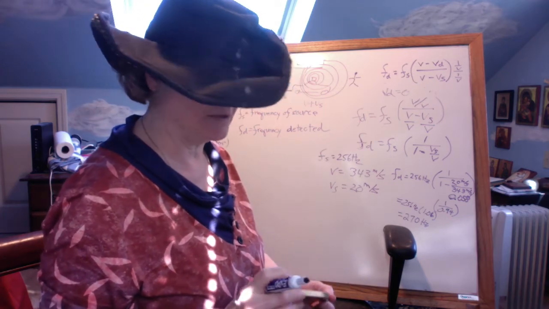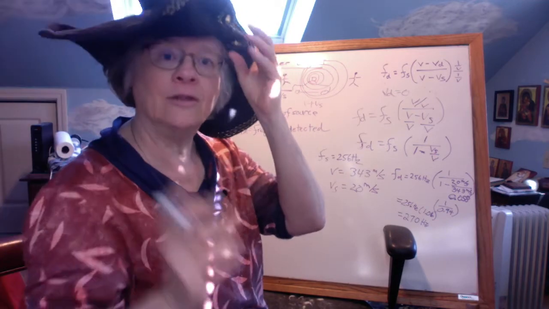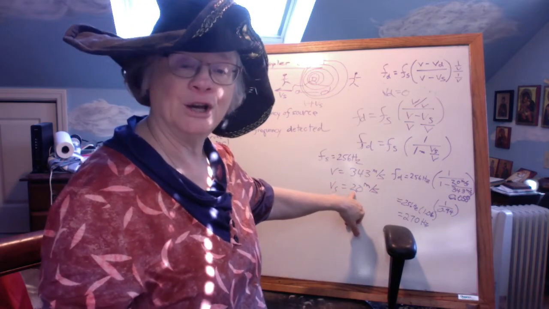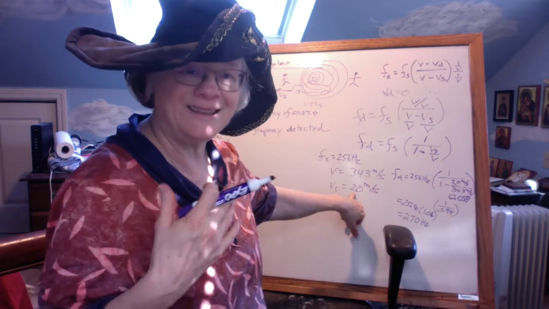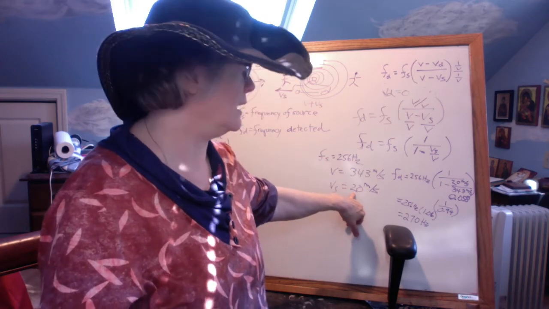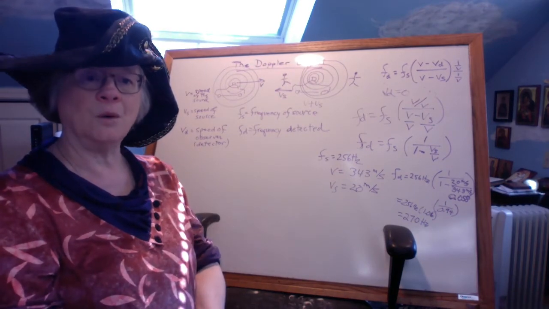Okay, so what happened here? Let's see if this makes sense. What I'm finding is that my car is moving toward me, the observer, at 20 meters per second. And that means what? Think about it. Is that frequency going to be higher or lower?